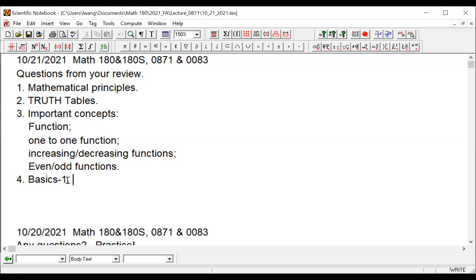It is number 1 indeed, right? Because it introduces some of those very basic rules. That's why we call it basic 1, the basic rules. And the rest of the functions, there are lots of functions you're going to encounter in calculus. They are merely compositions of functions from the basic 1 table.